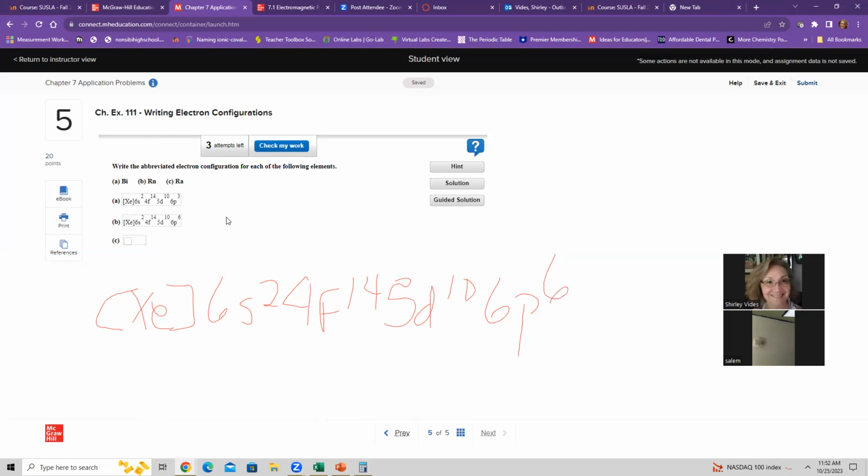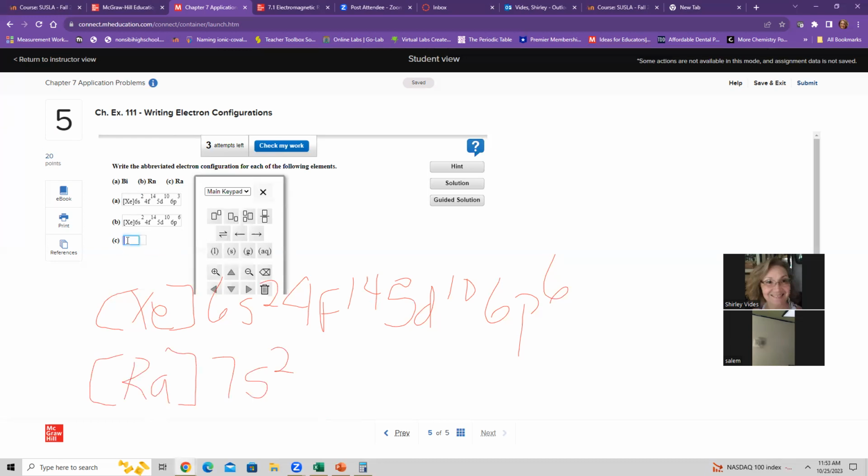Radium is going to be very easy because it's radon. This one is the noble gas, and then just 7s2. That's all you have to write on that one. So it's radon.